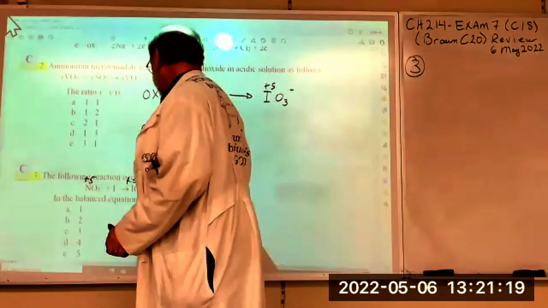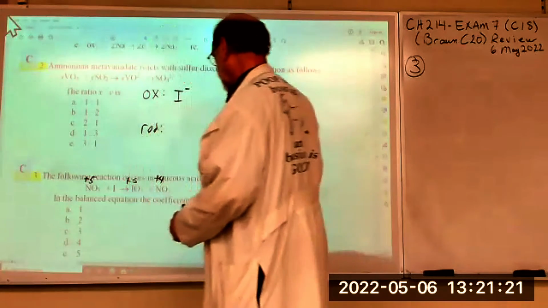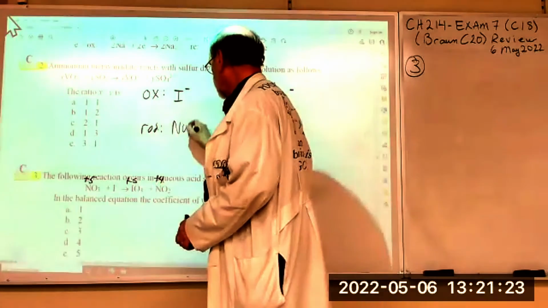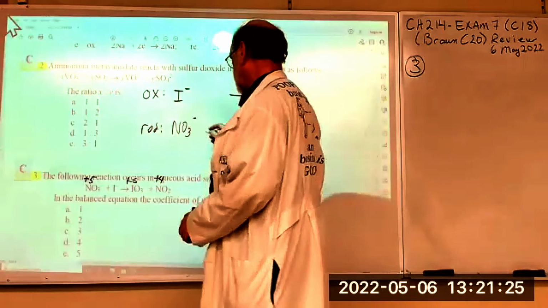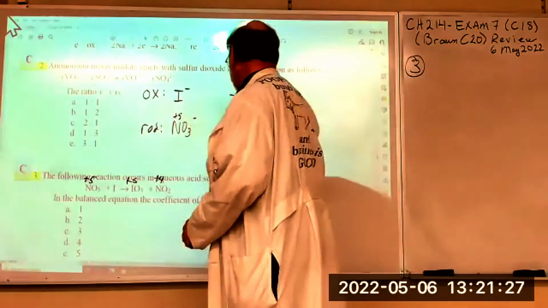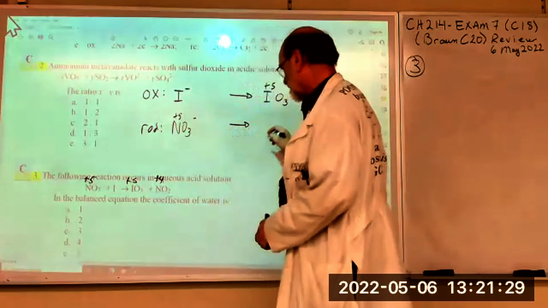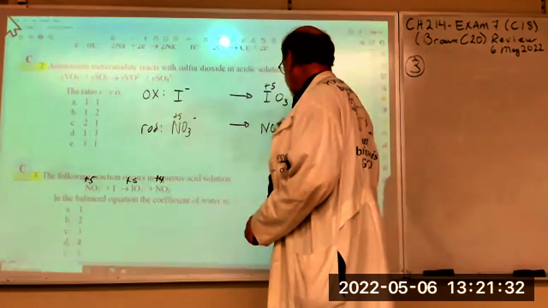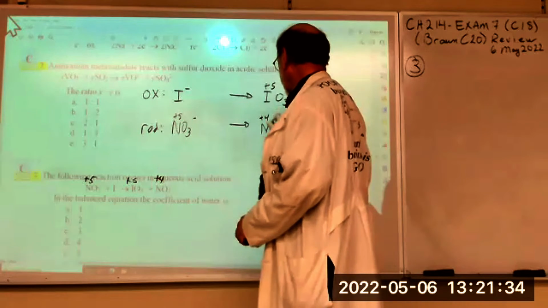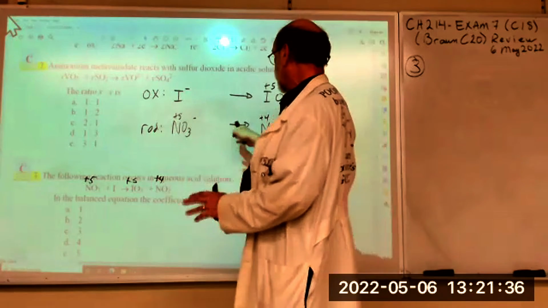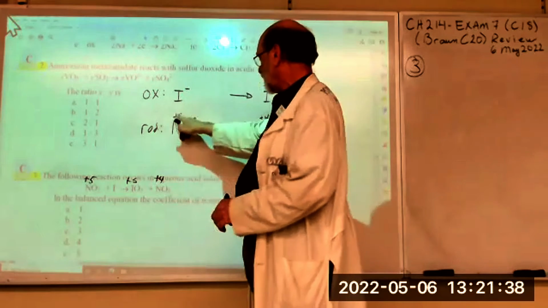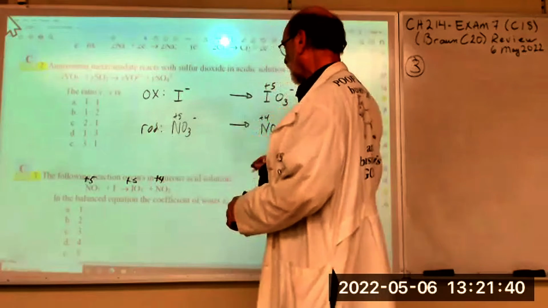Okay. Reduction is the nitrate with a +5 here, and the nitrogen dioxide with a +4 means that this has been reduced. That nitrogen's been, we've added an electron to it.